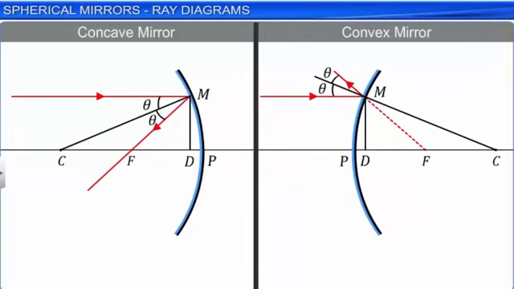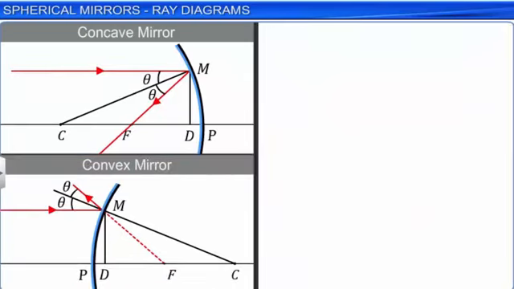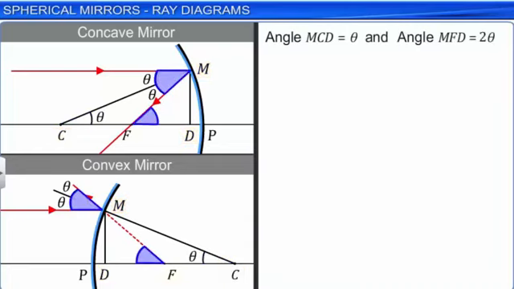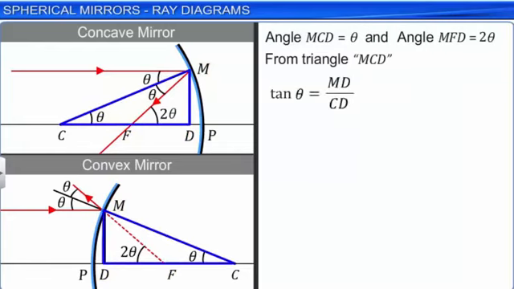Using basic laws of geometry, we can write that angle MCD is equal to theta and the angle MFD is equal to 2 theta. From the triangle MCD, tan theta is equal to MD by CD. Let this be equation 1.